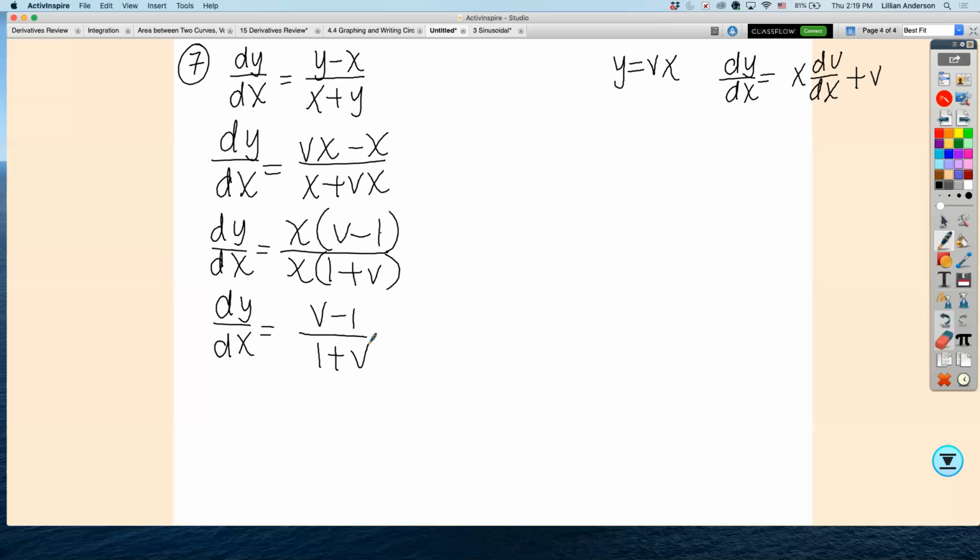Then what can I substitute in? I'm going to substitute that in that expression right here. The left side becomes this expression that we have over here. Okay. Then what can I do?